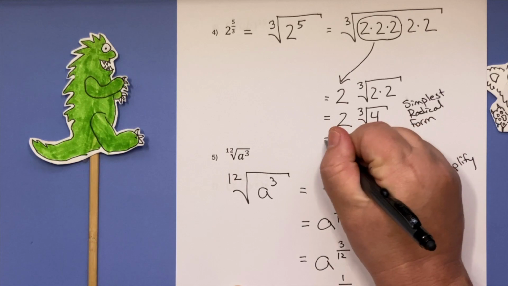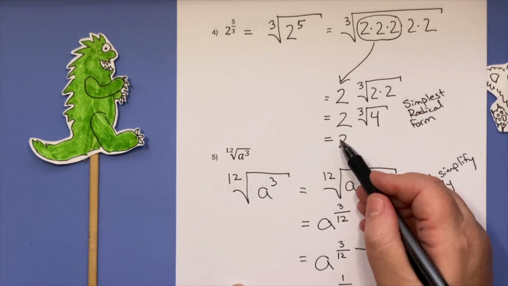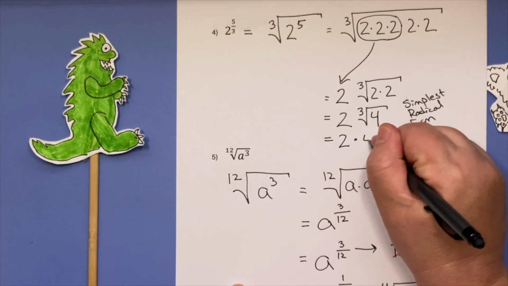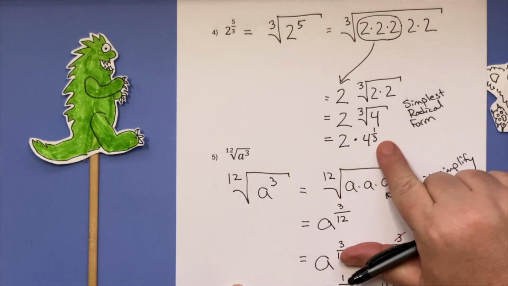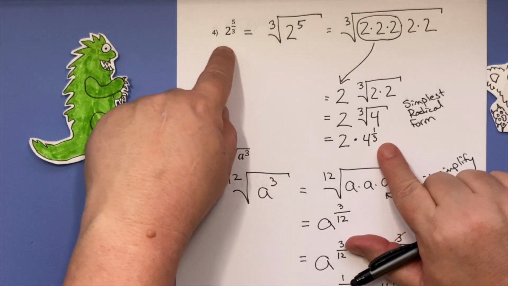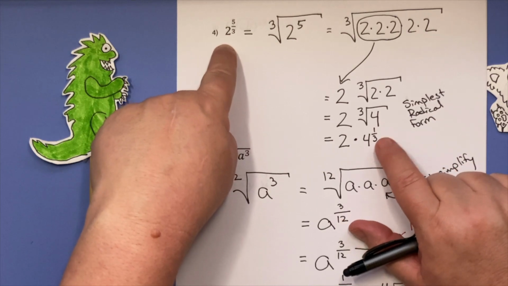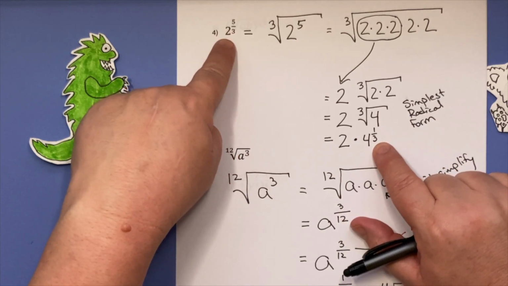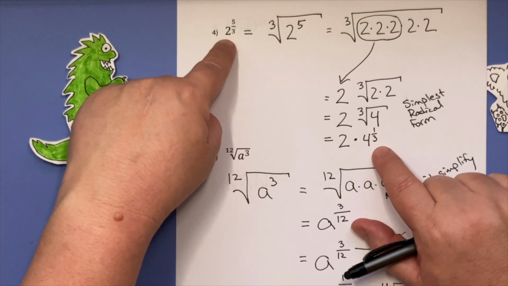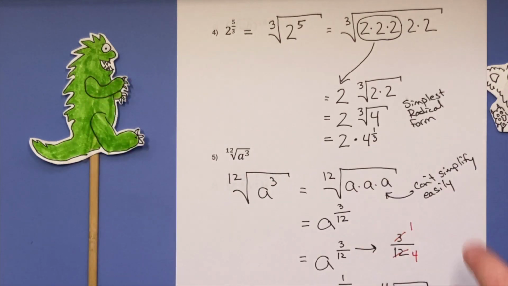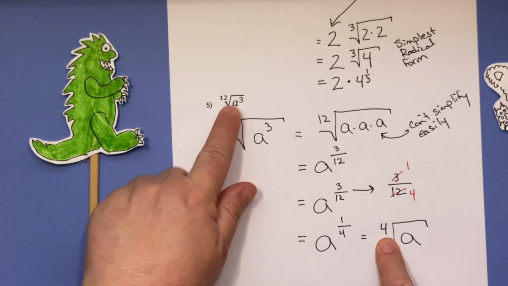So what I should have done, and I'm going to go ahead and do right now, is rewrite this as 2 times 4 to the 1/3, which would probably be an answer since that matches the format. To be honest, I would probably accept this one, but if you're doing very fancy math in front of fancy people, keeping your answer matching the format of the question makes sense. So again, over here, question as a radical, answer as a radical.